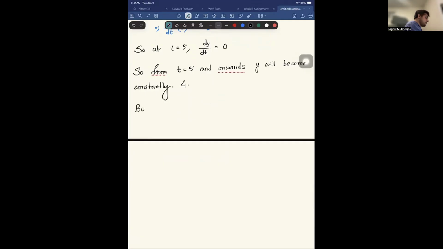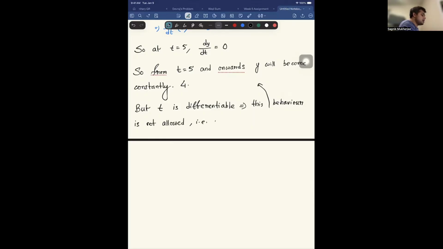But y is differentiable, meaning this above behavior, that the function is constantly 4 from t equals 5 onwards, is not allowed.